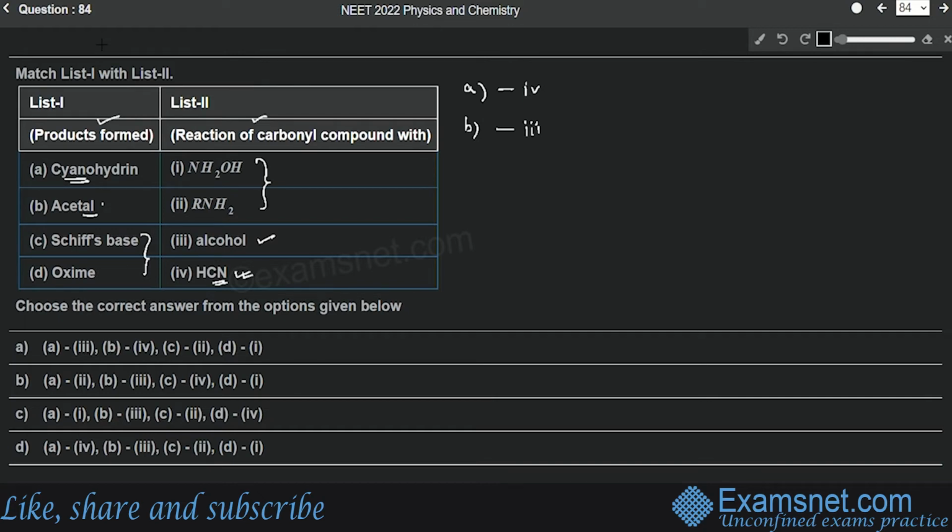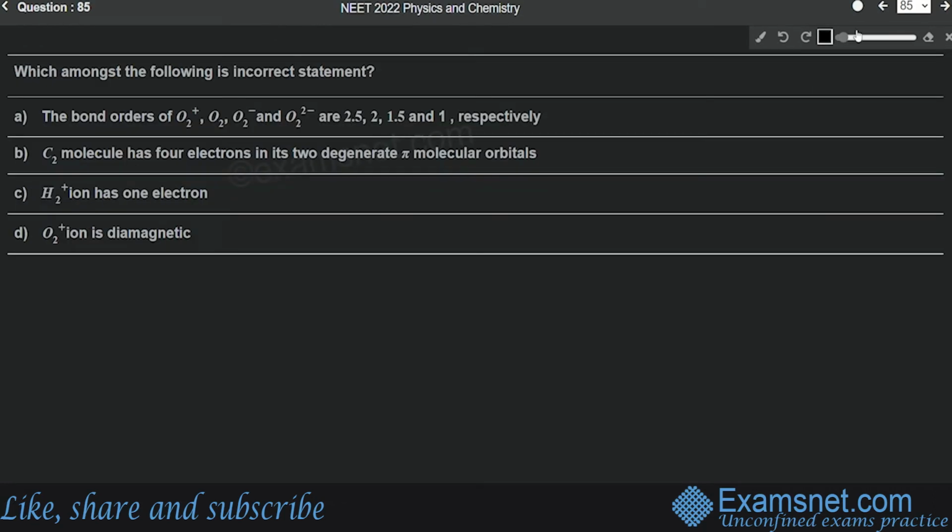Now the difference is that in Schiff's base, the nitrogen consists of 3 alkyl groups and no other group is there, so no OH is required, whereas in case of oxime, OH is also required. So the correct match for C will be number 2, whereas for D it will be number 1. Got it? So C will be number 2 and D number 1. So out of the given options, option D will be the correct answer, right?